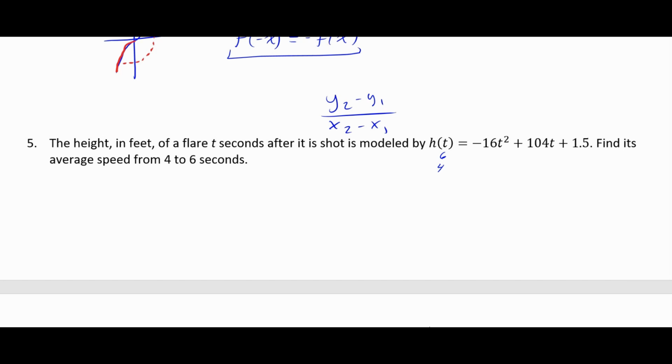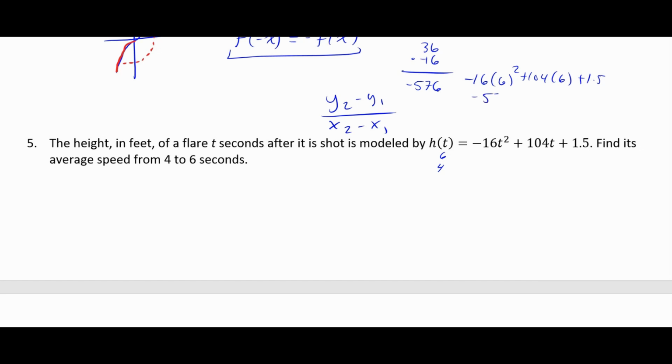So let's go ahead and start doing this. I'm going to find first h of 6, so negative 16 times 6 squared plus 104 times 6 plus 1.5. So 6 squared is 36, and then 36 times negative 16. And that is going to get me negative 576.